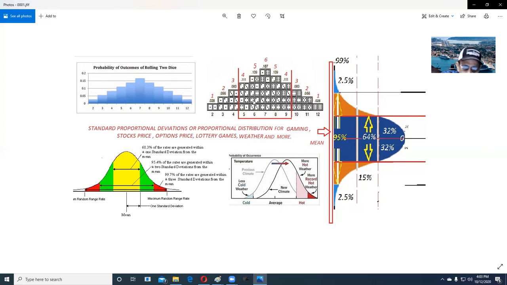So 68% of the combinations can happen here, and then the rest fall down on this side, percentage-wise. We have the same bell curve here, but this is to determine where the price of the stock will be moving for a certain period of time, and then we can take the percentage and apply it to the stock.